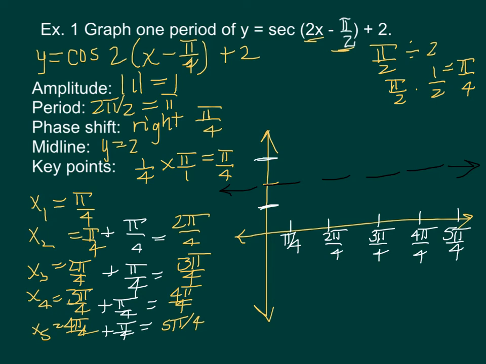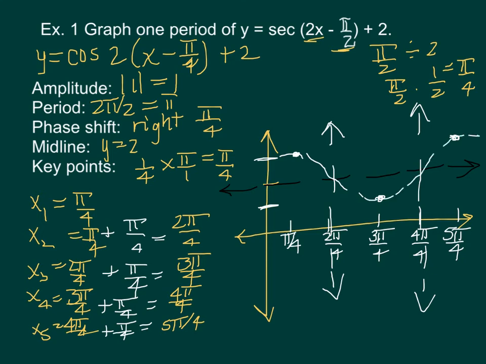Okay, so the cosine graph, remember, starts at your max, then we have an asymptote, then your min, then we have an asymptote, and back at your max. So your cosine graph would be similar to this curve, but we want secant. So remember, you're going to have a relative minimum, a relative maximum, and a relative minimum.